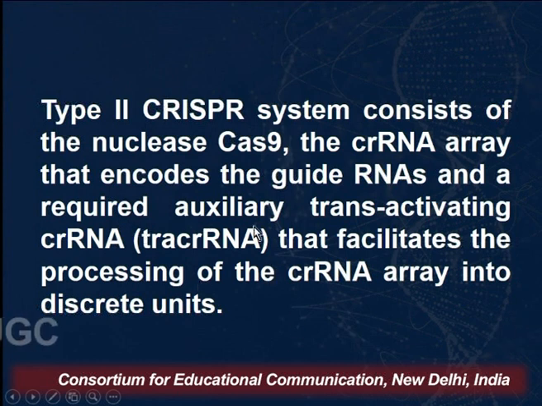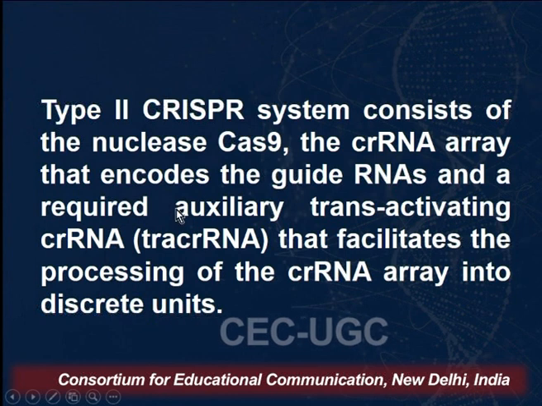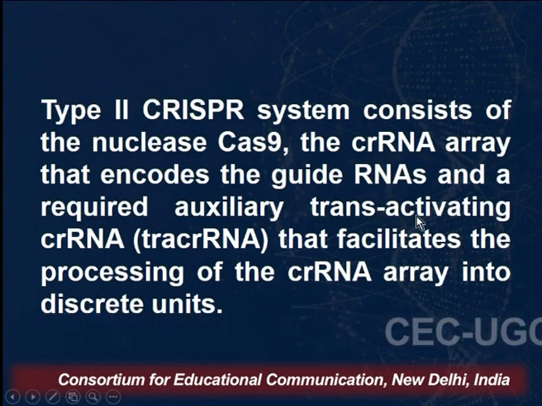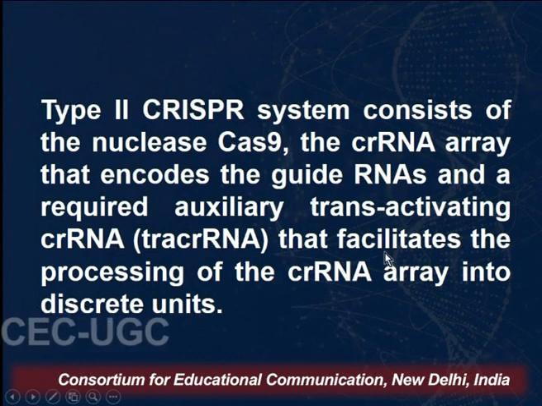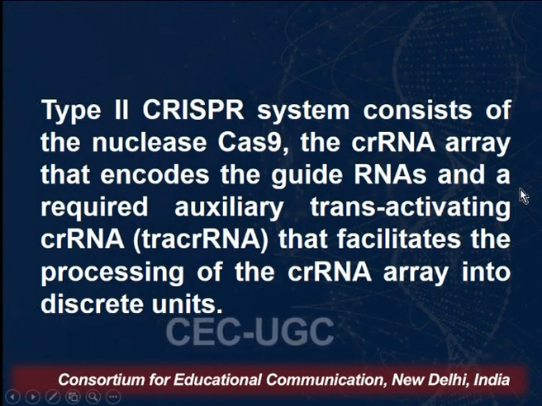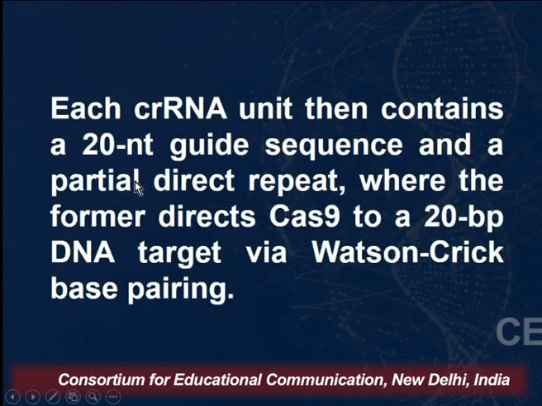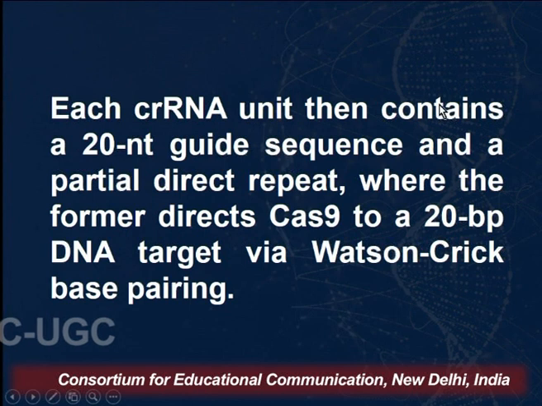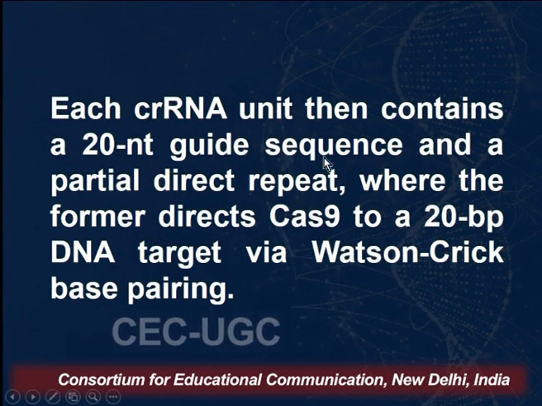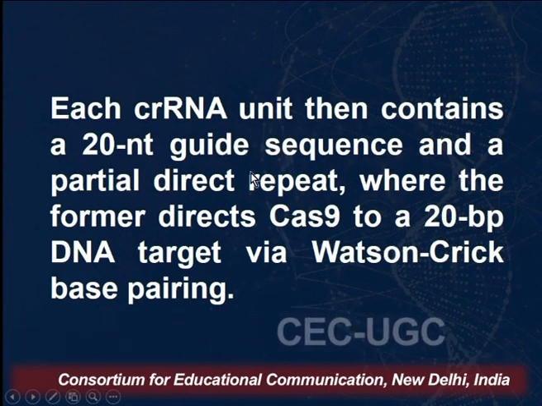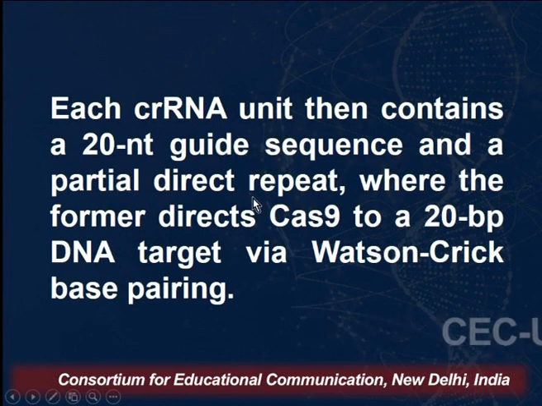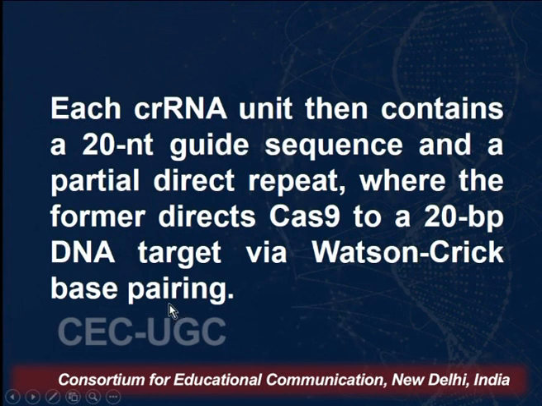So, this is another thing present in the CRISPR loci, the tracrRNA, which is very important for cleaving the whole crRNA array into the discrete units. Each crRNA contains a 20 nucleotide guide sequence and a partial direct repeat, where the former directs Cas9 to a 20 base pair DNA target via Watson-Crick base pairing.